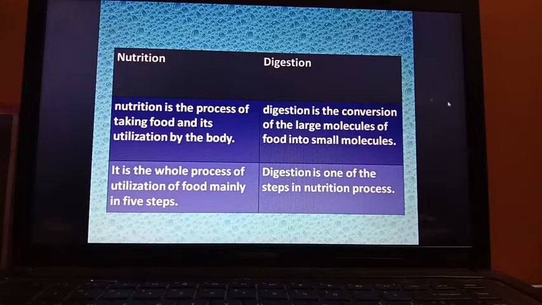Then number 3, maltase, it is matching with G of column B, that is maltose. Then number 4, ptyalin, it is matching with F of column B, that is saliva. Then number 5, villi, it is matching with A of column B, finger-like projections.